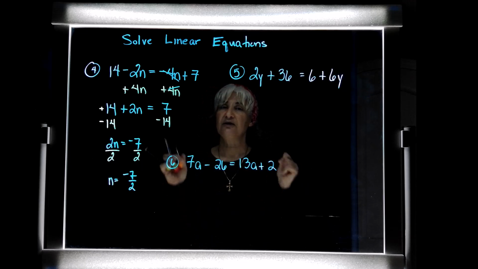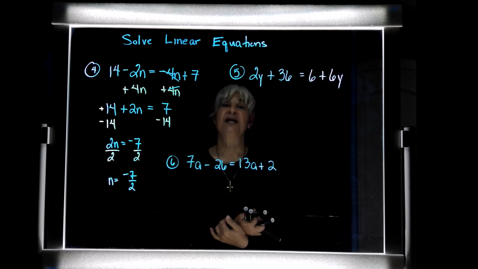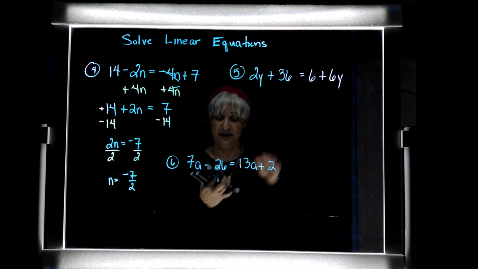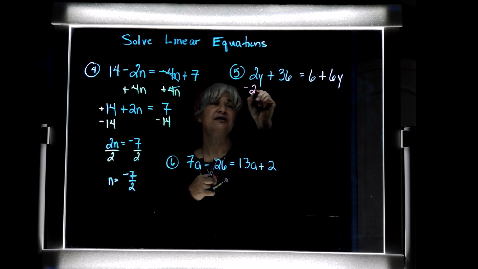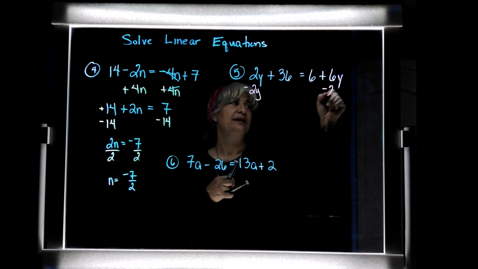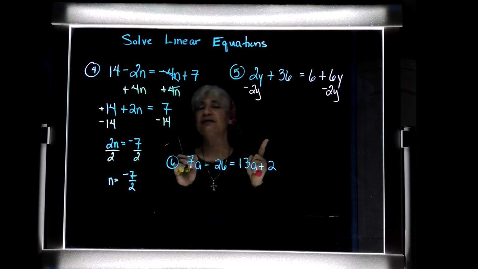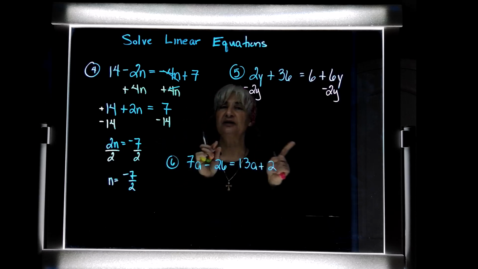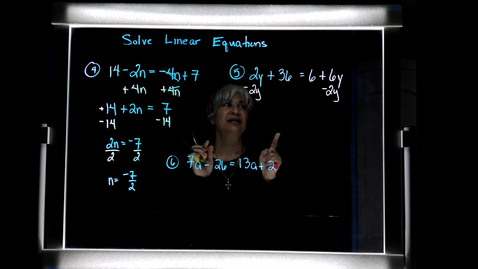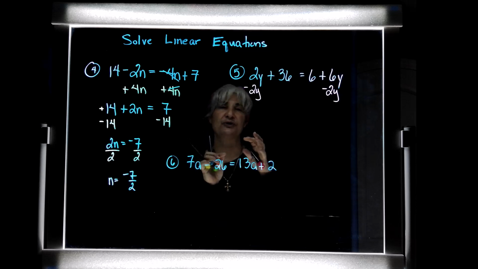Got it? Cool. Let's look at number 5. Tell me what you want to do. Good. You want to move the 2y to the other side? I'll go for that. So this is good in the fact that you're being ambidextrous, shall I say. You're allowing your brain to not care which side the variable goes on, because that actually makes your learning more pliable, so to speak.